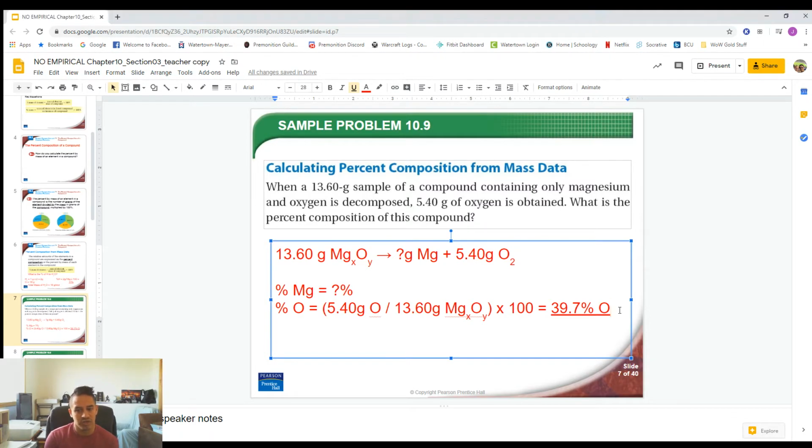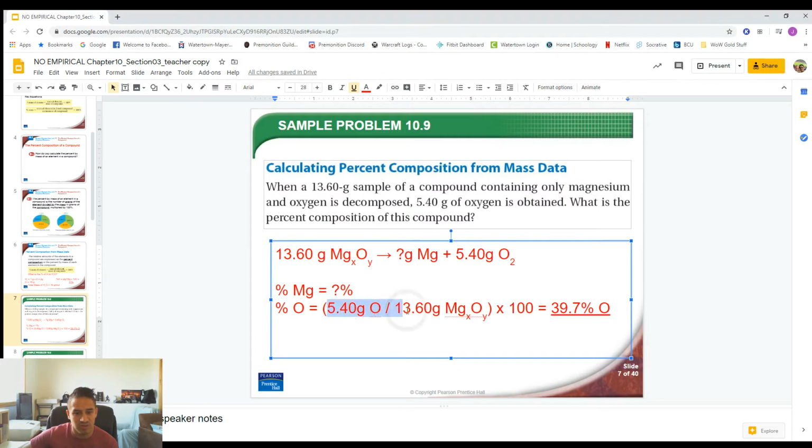From here, we could do one of two things. One, we could just take 100% minus 39.7%, and the difference will be the magnesium. Or, because of the law of conservation of mass, if 13.60 grams was our total and when it breaks apart we make 5.40, we could subtract 5.40 from 13.60, and the remaining grams would be how many grams of magnesium we have.